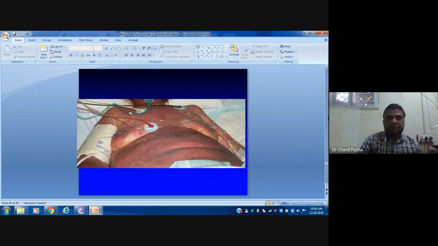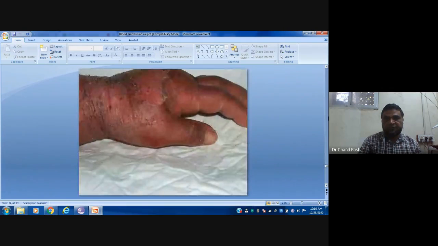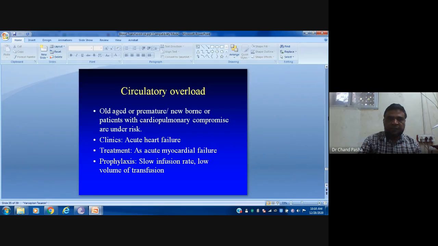See, these are the hypersensitivity reactions with blood transfusion. You can see the edema. Pulmonary edema also will come, but this is circulatory overload. Normally doctors use BP as a parameter for doing the transfusion.